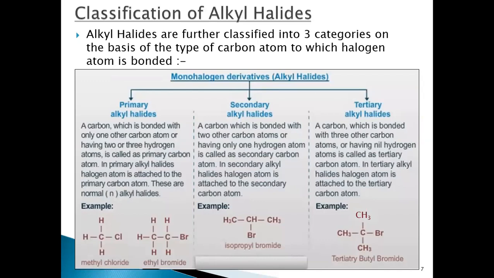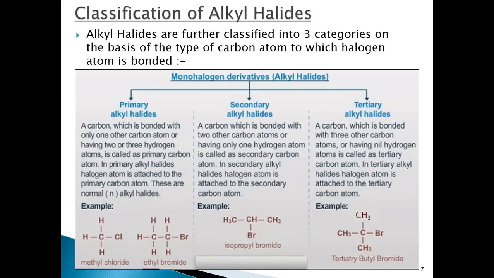Now we come to the first, primary alkyl halide. A carbon which is bonded with only one other carbon atom or having 2 or 3 hydrogen atoms is called a primary carbon atom. In primary alkyl halide, the halogen atom is attached to the primary carbon atom. These are normal alkyl halides.